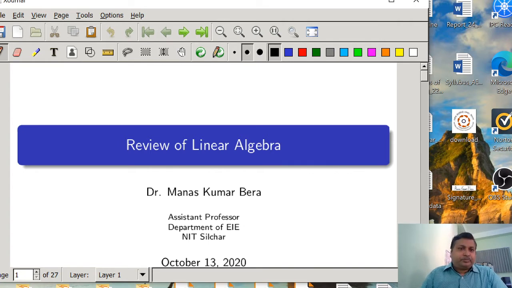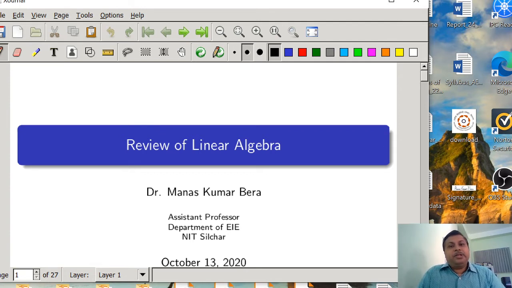Now it is our interest to know why this representation is called state space, because previously the definition of the state space was given, but it was not clear why we are calling it state space.